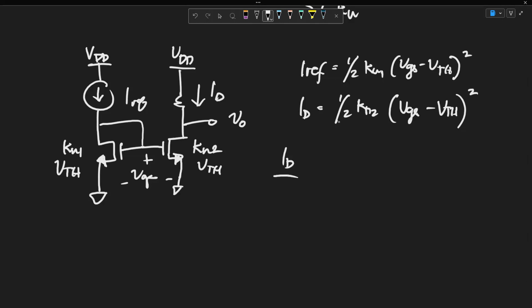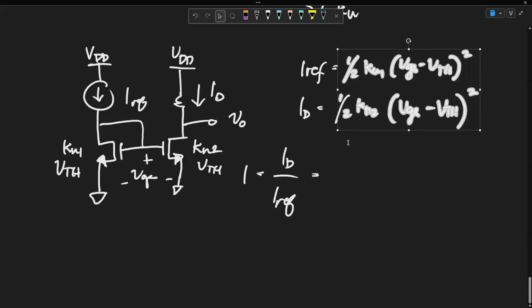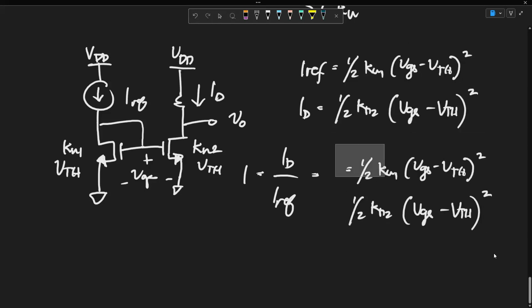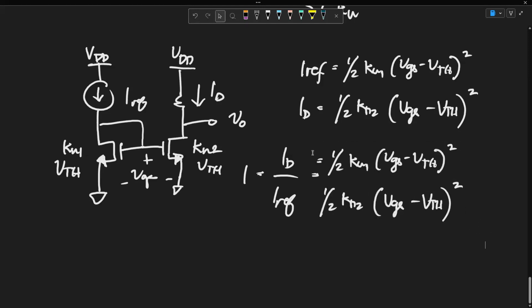So if we wanted to find the ratio between ID and Iref, no? Which, if this is a current mirror, this would be 1, right? We just have to put a divider here.